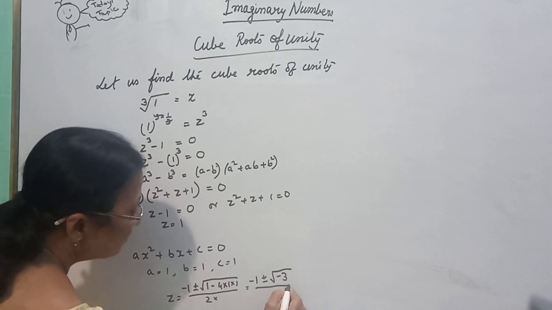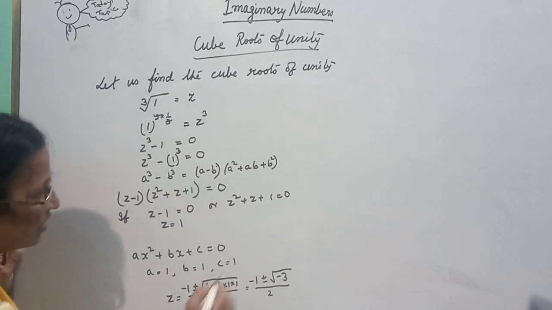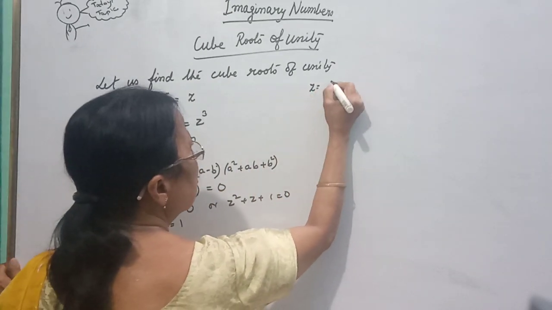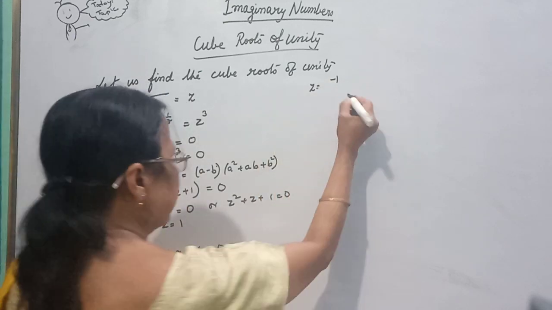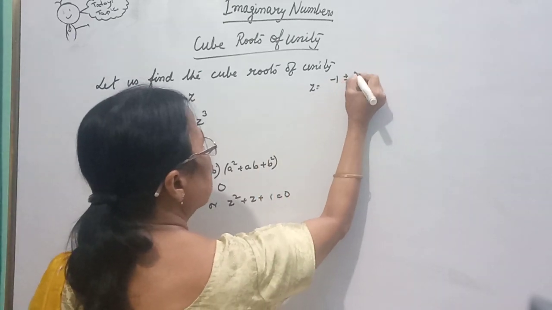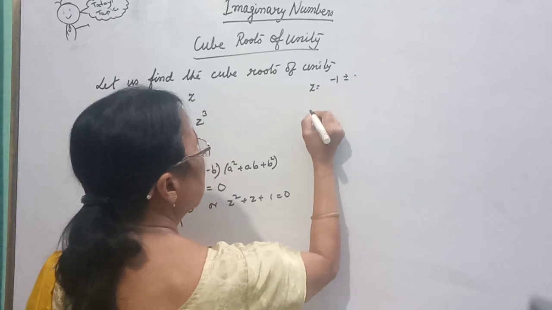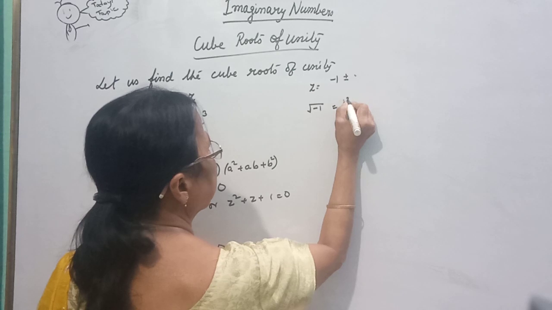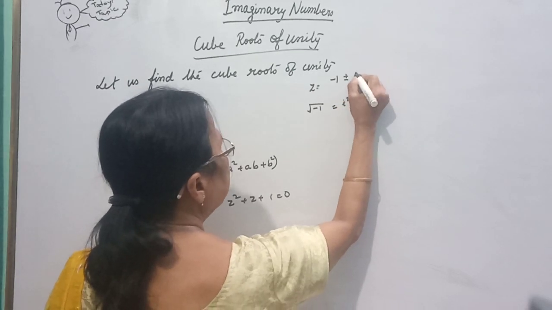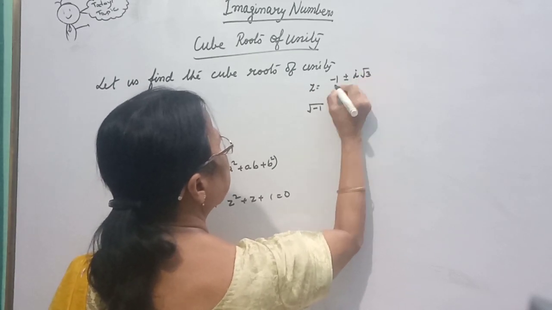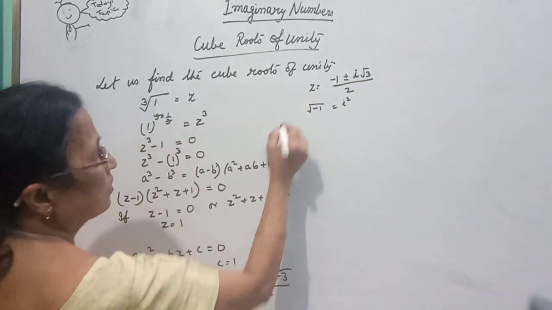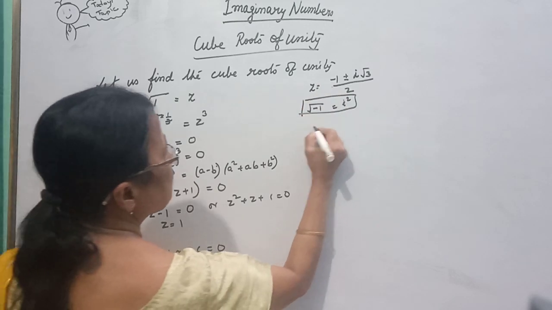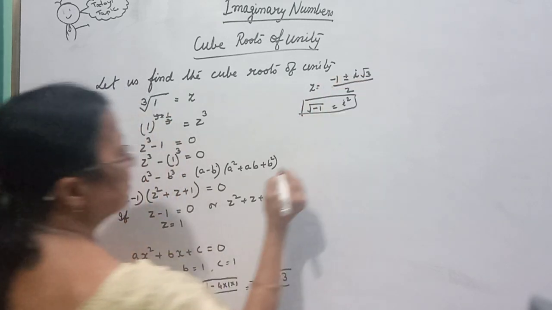I can write z equal to minus 1 plus minus root, over 2, and minus 1 is equal to i square. So I can write i into root 3 divided by 2. This is known and can be written as omega.